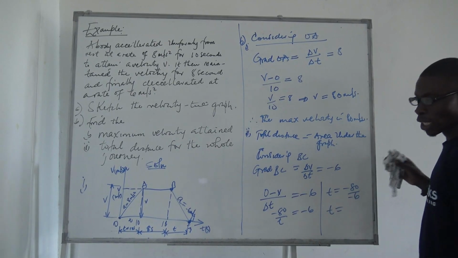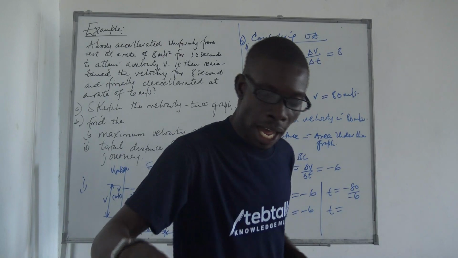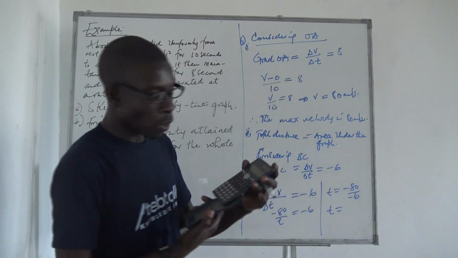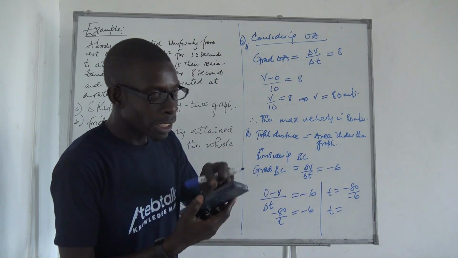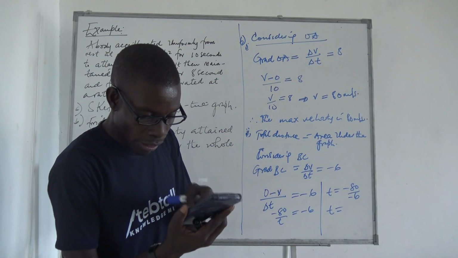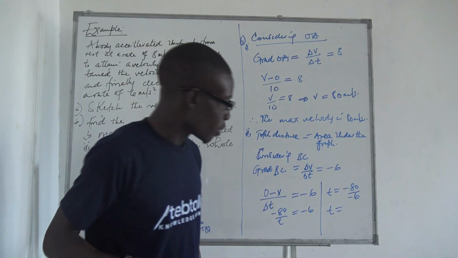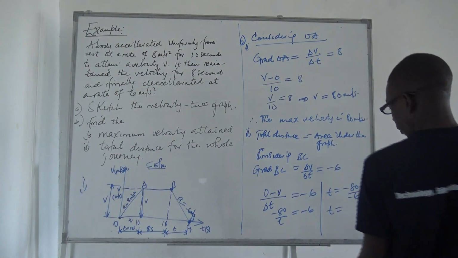And then what is T? Get your calculator. You can get your calculator and say what is 80 divided by 6. That is 13.333.